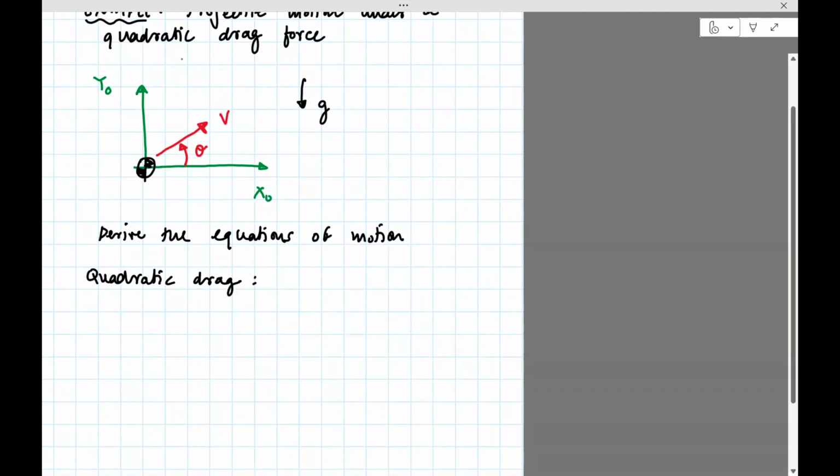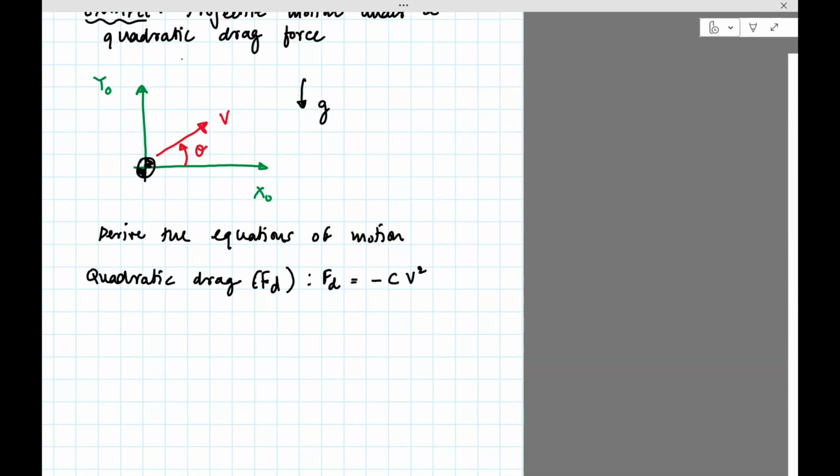Let's say that the quadratic drag force is represented as F_d, then F_d is minus a constant times velocity squared. So if you're going in horizontal direction or vertical direction, that's how you'll write it down, v squared.